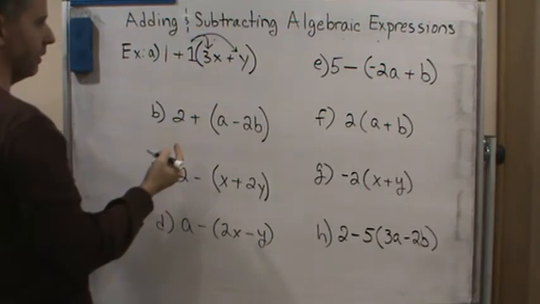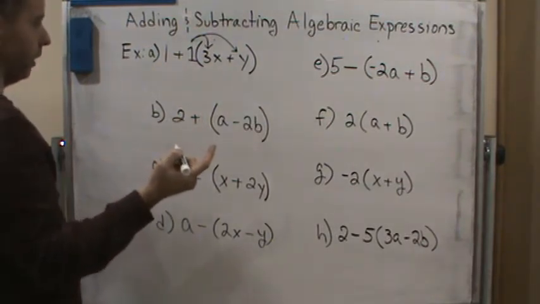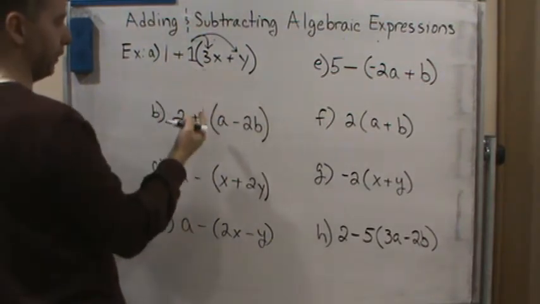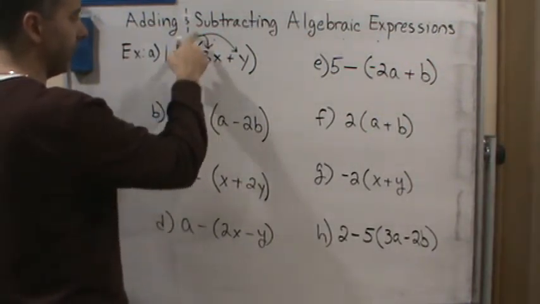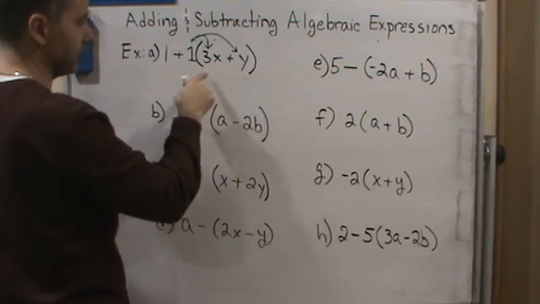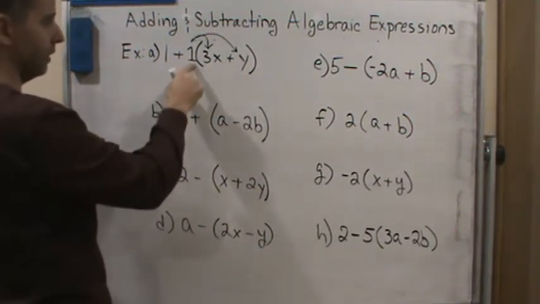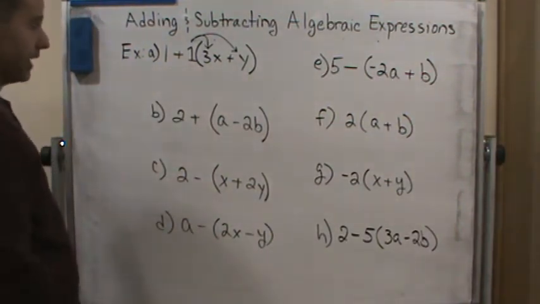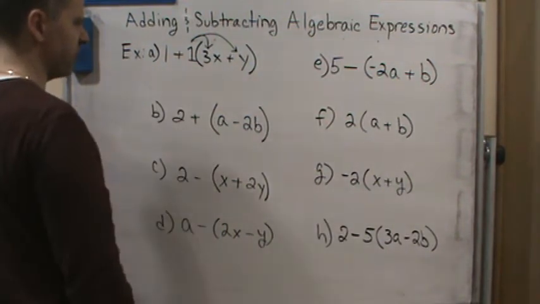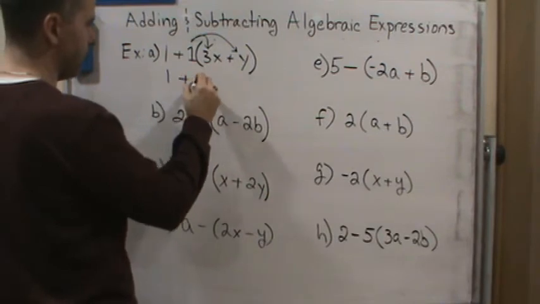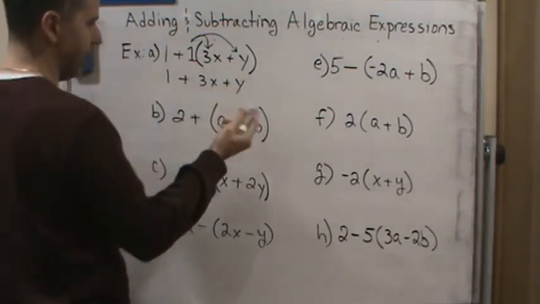What happens? Nothing. Okay? This is the distributive property, right? If I'm multiplying by something outside, like 1, then I have to multiply each term inside the parentheses by that factor, in this case 1. But in this case, because it's a plus, nothing changes. So I can just write 1 plus 3x plus y and I'm good.